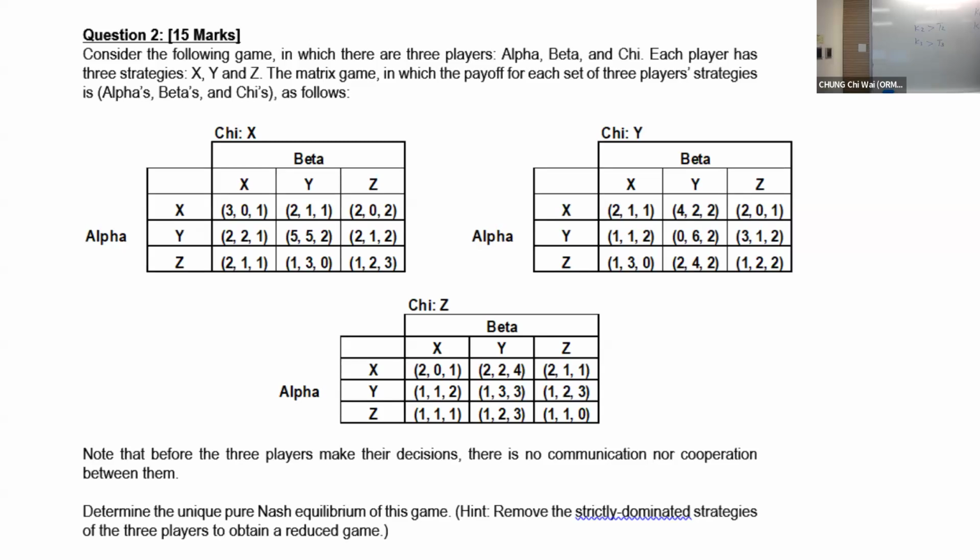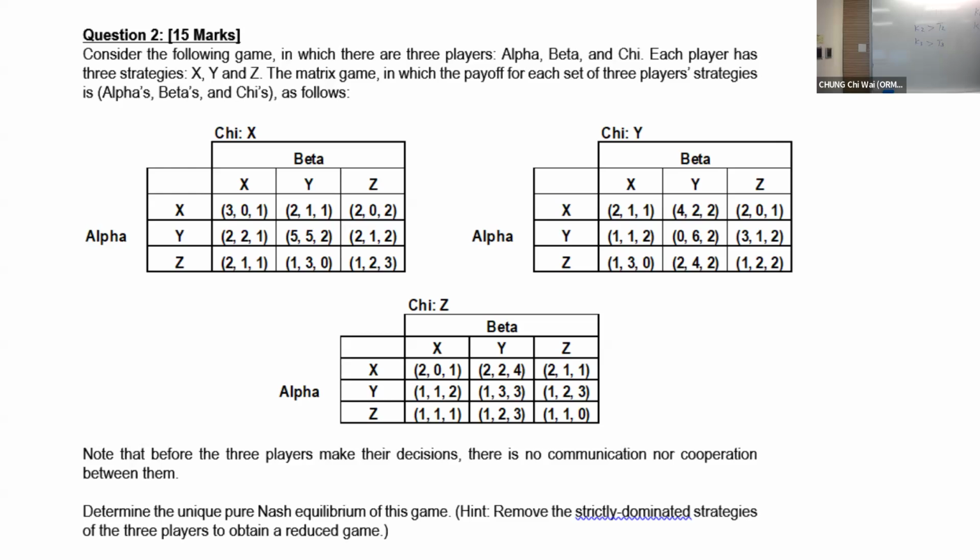Once the redundant strategy is identified from the tables, hopefully we can reduce the number of tables from 3 to 1.